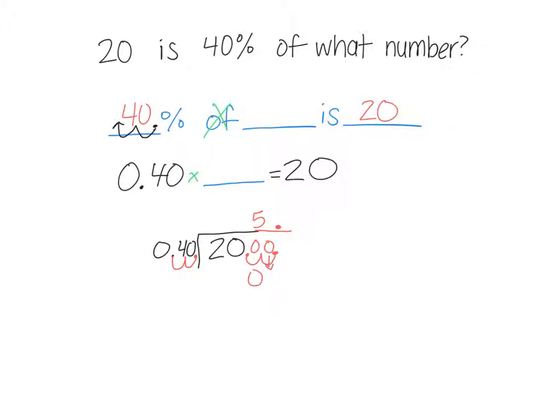I bring down my next 0. How many times does 40 go into 0? 0 times. 40 times 0 is 0. 0 minus 0 is 0. So in the end, my answer is going to be 50. 40% of 50 is 20. So the answer to this question, 20 is 40% of what number? 50.